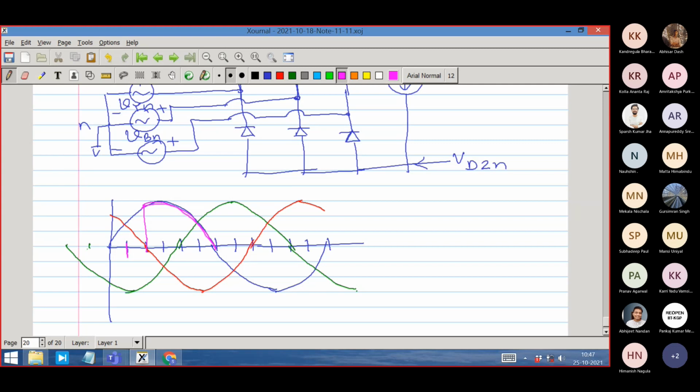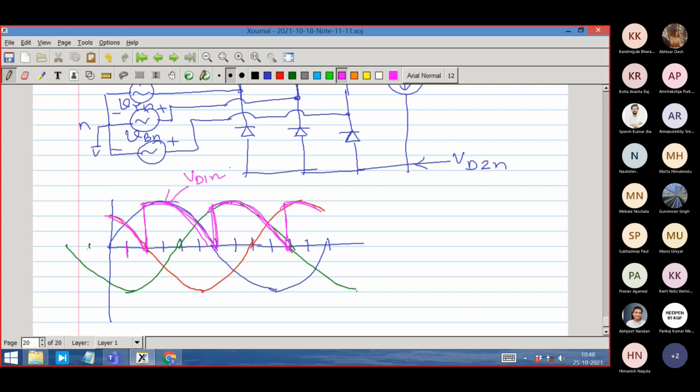I will take this voltage from the thyristor part of it. So this is VD1N, right?